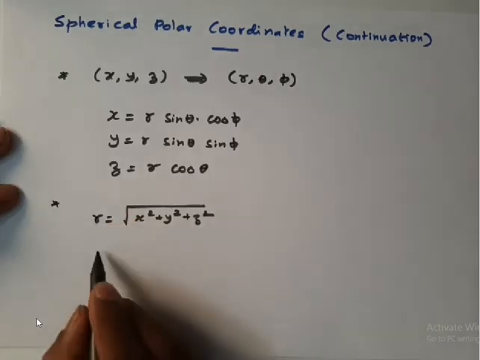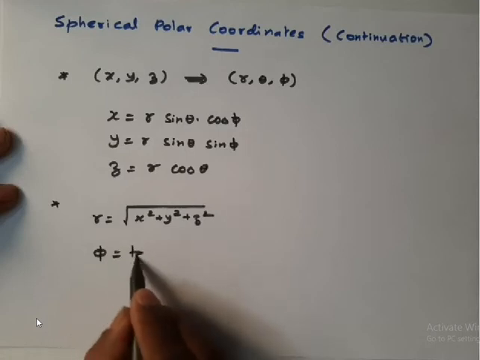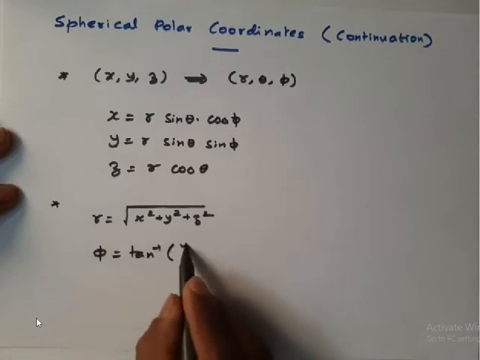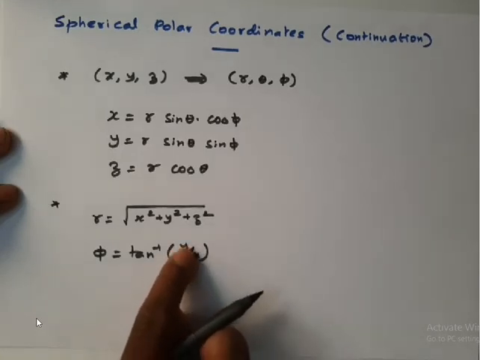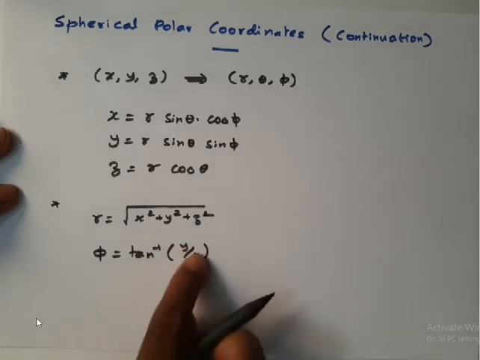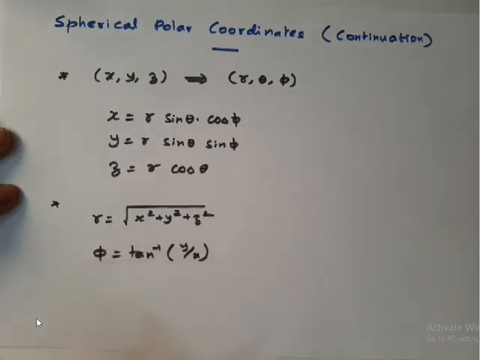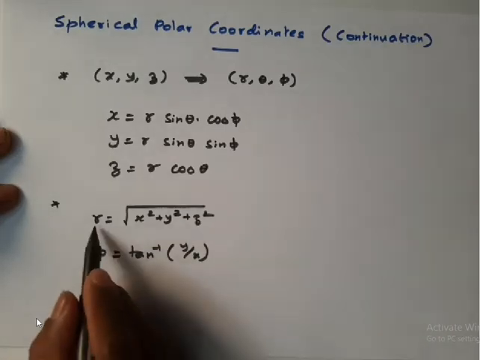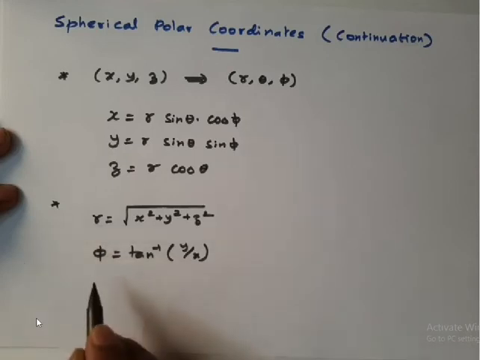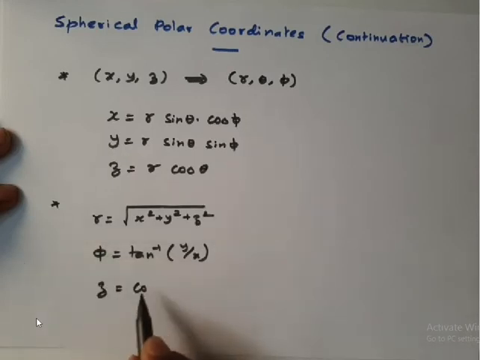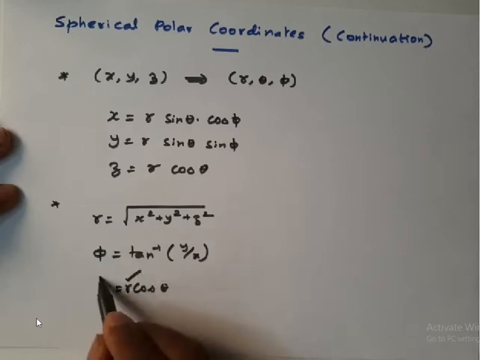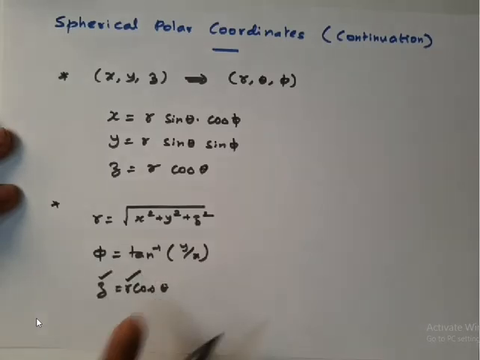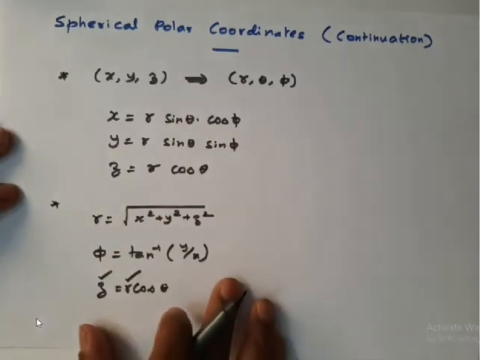Phi is equal to tan inverse of y by x: find the ratio of y to x and take tan inverse of that ratio, which gives the angle phi. Once you know r, you can calculate theta using z is equal to r cos theta. If you know r and z, you can calculate the value of cos theta. These things we discussed in the last class.